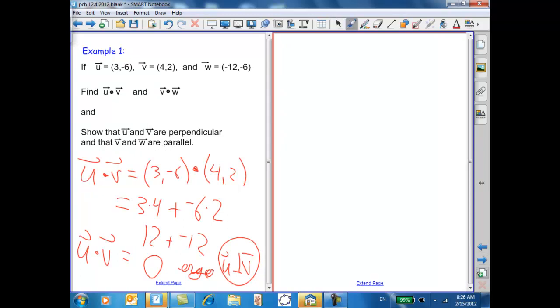And show they're parallel. But they also want us to come up with a dot product. Now, just because the dot product isn't 0 doesn't mean it's parallel, okay? Careful with your phraseology there. With the if-then statement, you can't change it to if not A, then not B. If the dot product of two vectors is 0, then they are perpendicular.